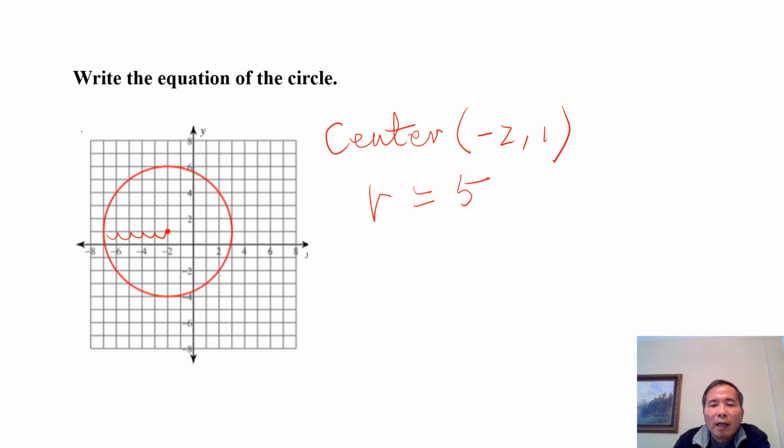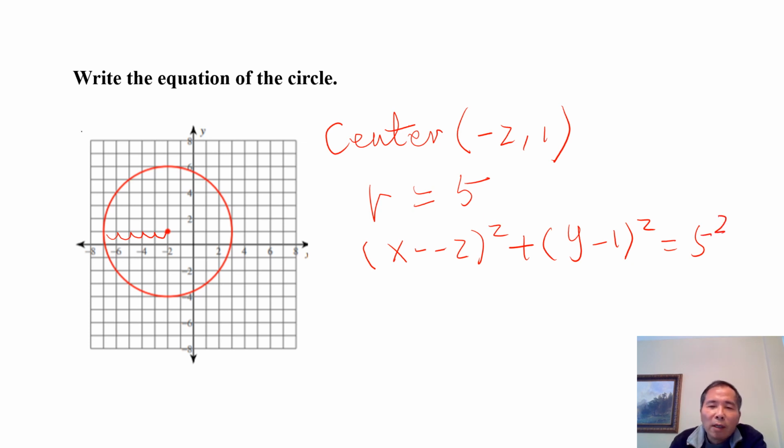Once we have that, we can write the standard equation: (x minus -2) squared plus (y minus 1) squared equals 5 squared. Don't forget this square. Basically, it's derived from the distance equation.